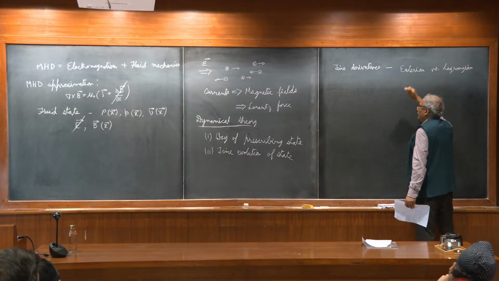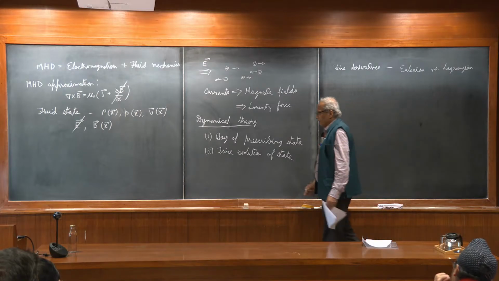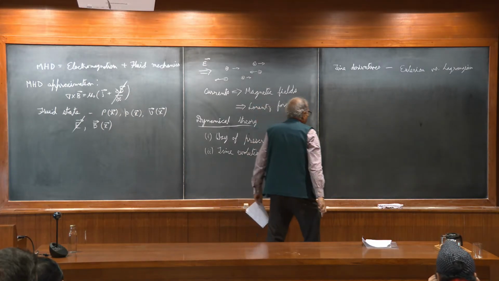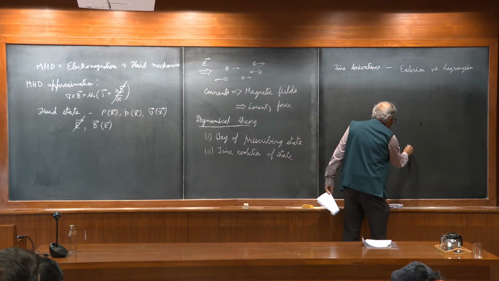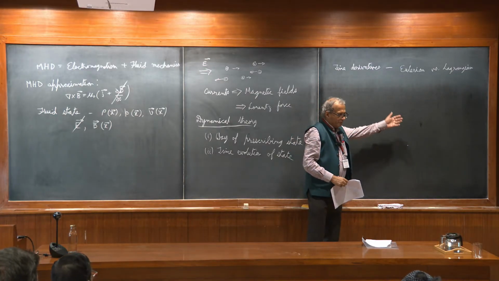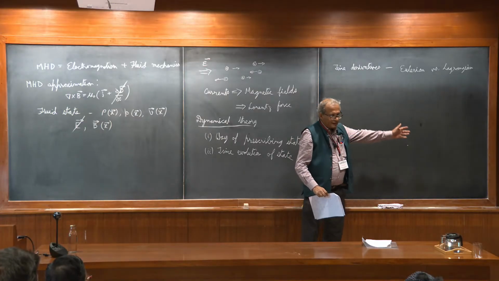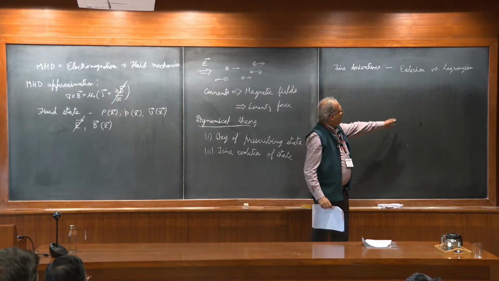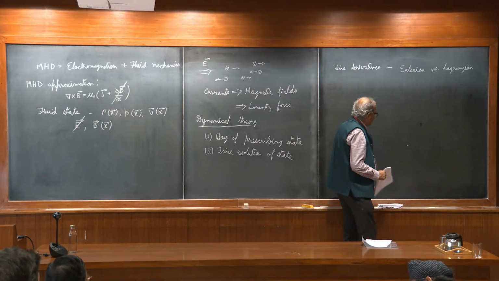So what are they? The Eulerian time derivative is this: suppose at a particular point in the plasma you find out how some quantity like pressure or temperature is changing with time. That is called the Eulerian time derivative.